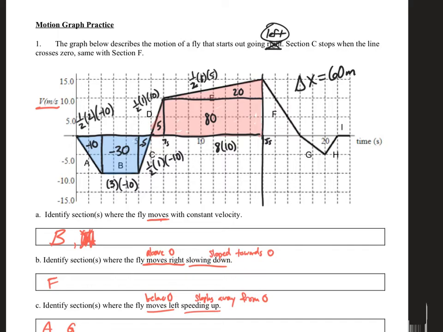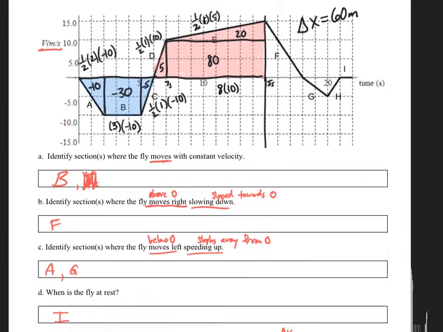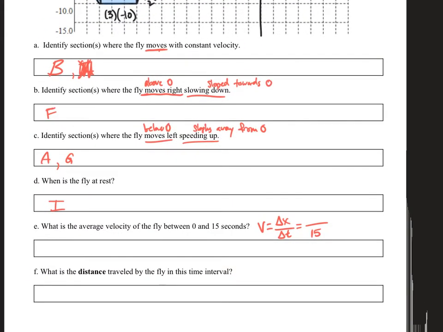And I can sort of see that by seeing that this red area is greater than the blue area, so I should end up to the right of where I started, because I went to the right more than when I went to the left. So if that's my displacement of 60 meters, I'm going to put that in my equation, and then I just have to divide 60 by 15, which would be 4 meters per second. And notice that is a +4 meters per second.